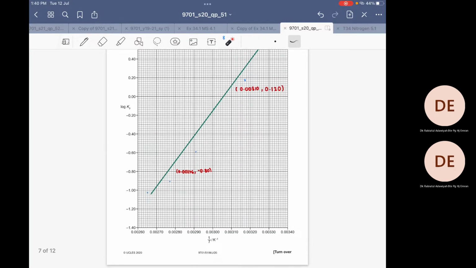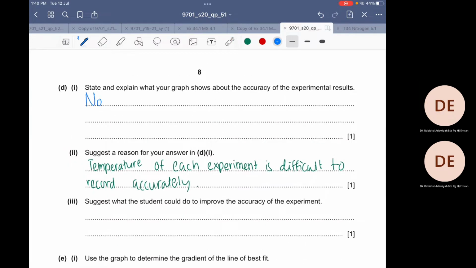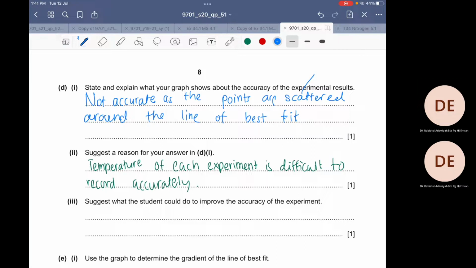We will say it is not accurate as the points are, instead of using spread out, we use the word scattered around the line of best fit. It does not sit on the line of best fit. So that's what scattered means.